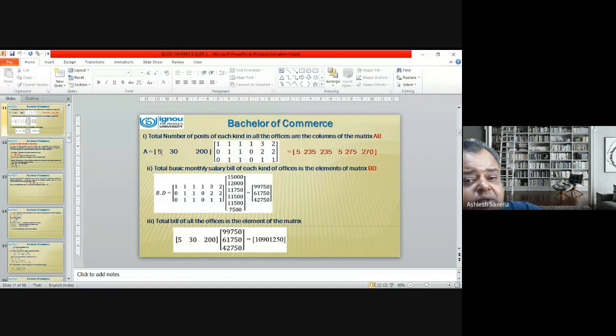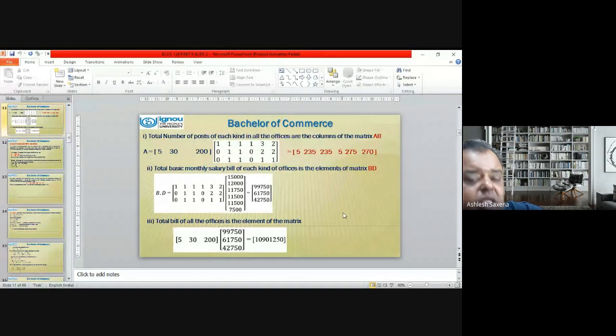For the fifth one, 1 into 5 is 5, plus 30 into 2 is 60, so 5 plus 60 is 65... 15 plus 60 is 75, and 200 into 1 is 200. 200 plus 75 is 275. And similarly for the last one, we will get 270.